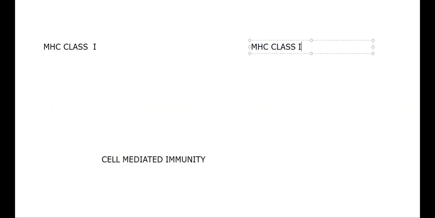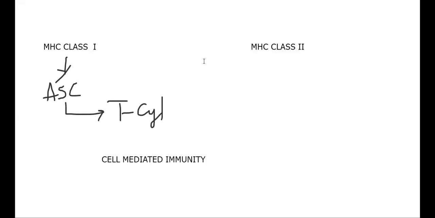We need to remember this sequence to learn the topic easily. MHC class 1 is seen in all nucleated cells; when they are infected, we call them altered cells. They present the microbe to the T cytotoxic cells, which leads to cell-mediated immunity.